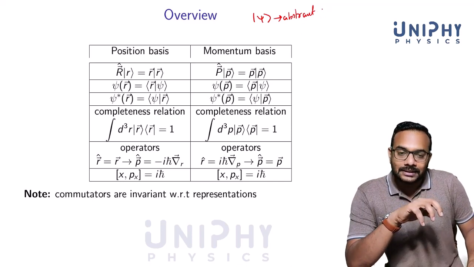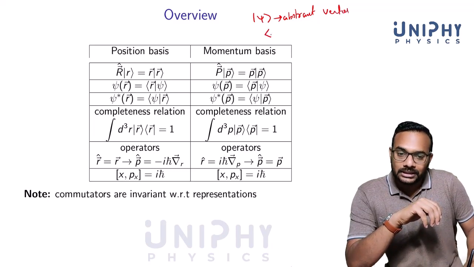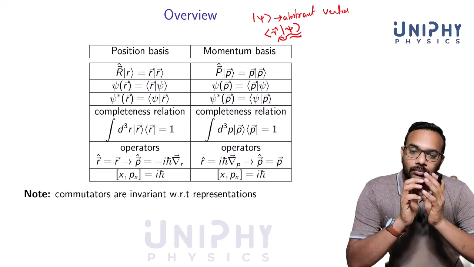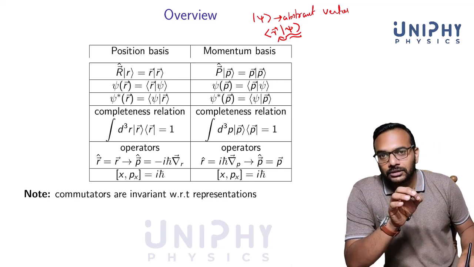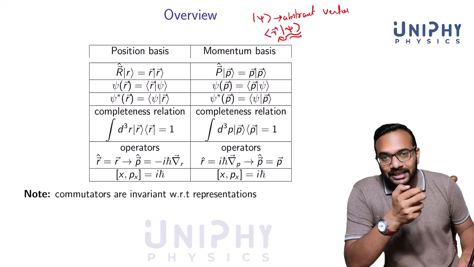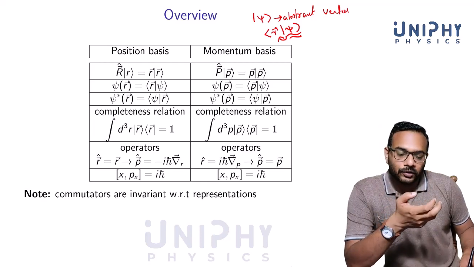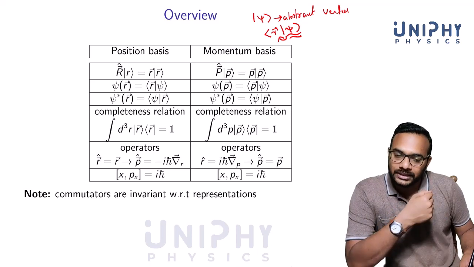So this is an abstract vector in the Hilbert space. What is this thing? These are the coefficients of this vector in the basis set formed by the eigenvectors of the position operator. I hope that's clear. You take the eigenvectors of the position operator as the basis vectors and ask the following question: what are the expansion coefficients if this is the basis?